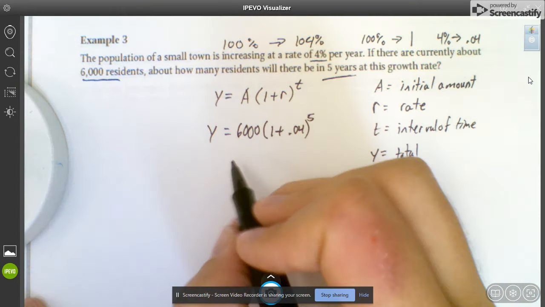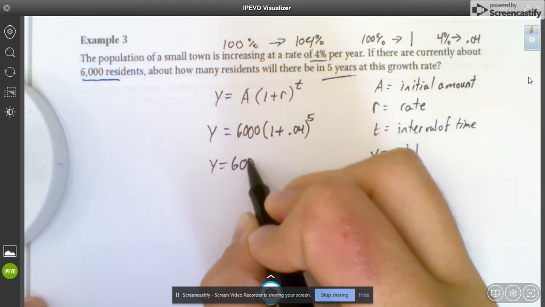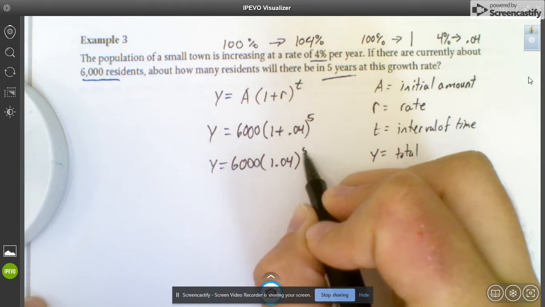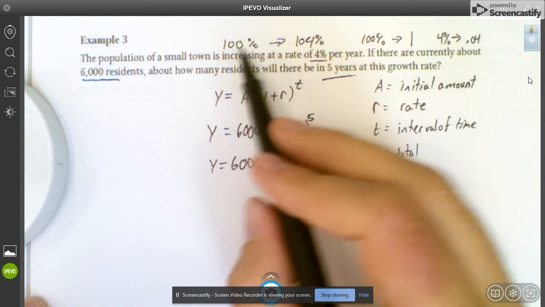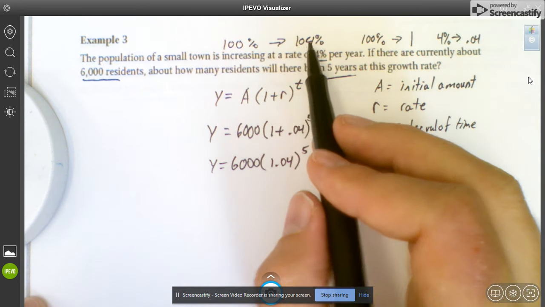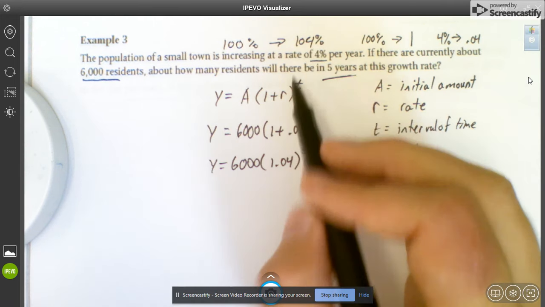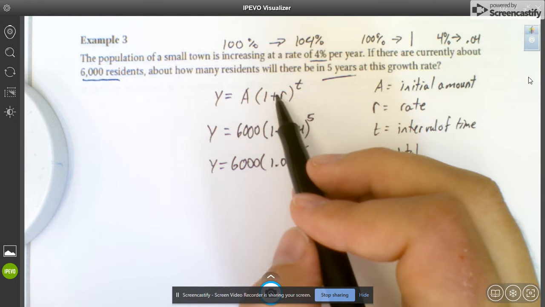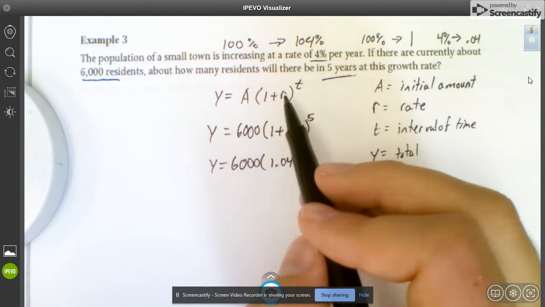So let's clean this up a little bit. We've got 6,000 times 1.04 to the 5th. Now, notice the 1.04 here relates back to the fact that we were going from 100% to 104%, a 4% increase. So you technically could have started with that and replaced this whole 1 plus R thing, but the formulas that you're going to be given, that's your generic growth formula setup, okay?